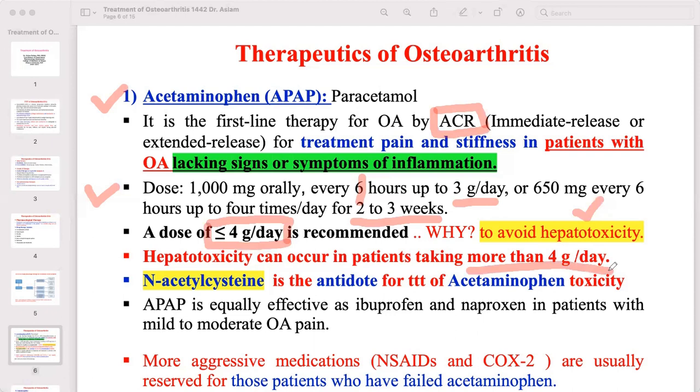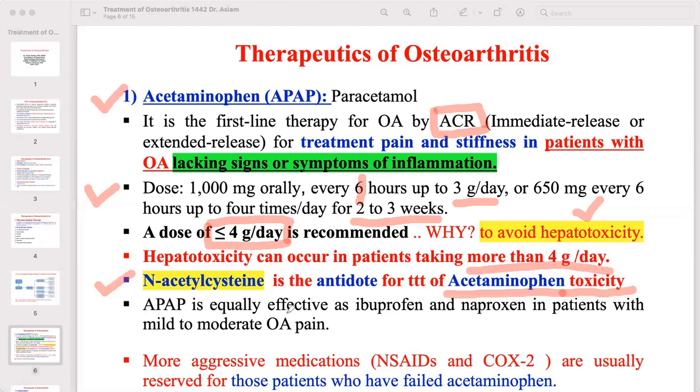And what is the antidote if the patient is reported to have acetaminophen overdose, or we can say paracetamol overdose or toxicity? The antidote is N-acetylcysteine. N-acetylcysteine is the antidote for the treatment of acetaminophen or paracetamol toxicity or overdose.